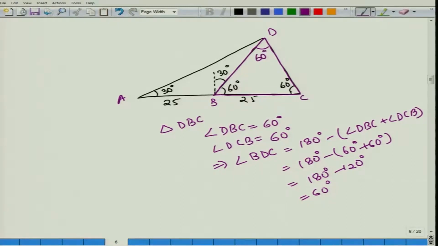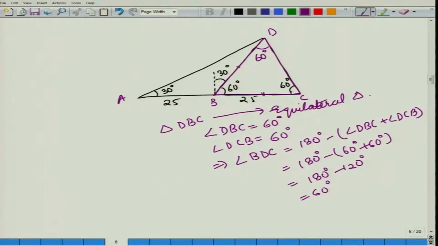So, we have figured out that this angle is also 60 degrees. Now, in this triangle all three angles are equal to 60 degrees, which means that this is an equilateral triangle. In an equilateral triangle all 3 sides are equal.